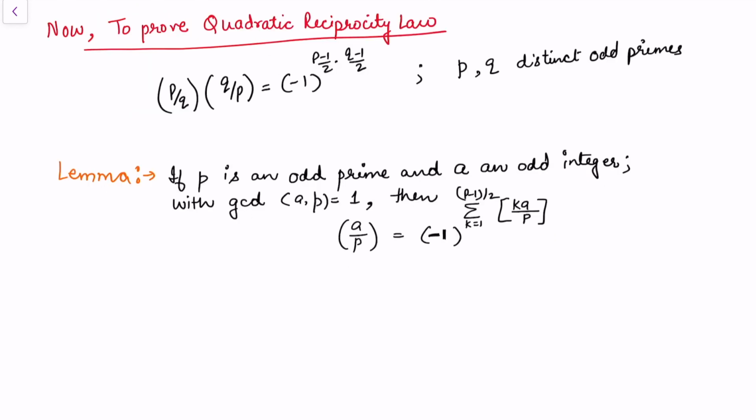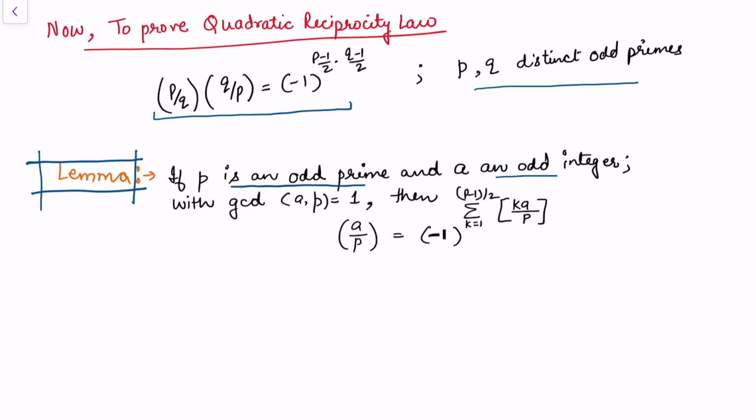So now to prove the quadratic reciprocity law, which is this, p by q multiplied by q by p is minus 1 to the power p minus 1 by 2 into q minus 1 by 2, where p and q are both distinct odd primes, I would be requiring this lemma. This lemma I proved in the last video, and it says that if p is an odd prime and a is also an odd integer and the GCD of a and p is equal to 1, then a by p is equal to this.